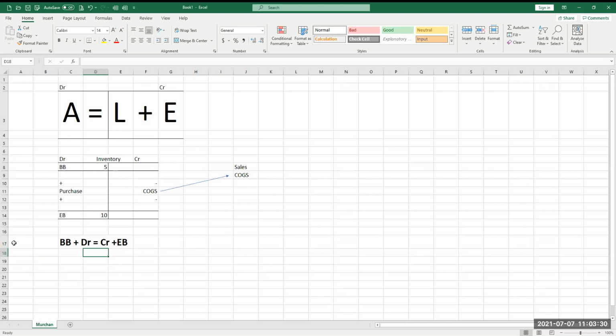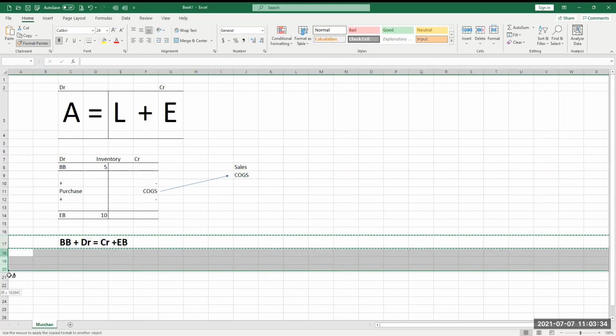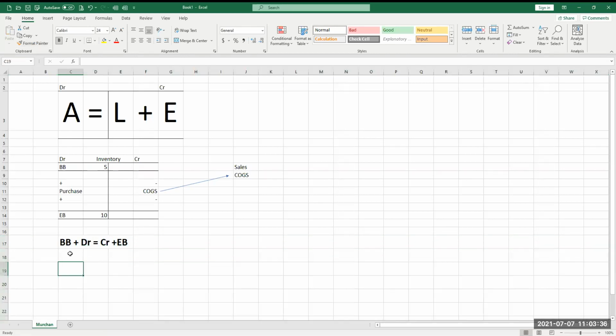Yes. So once I know this, can I say my credit is equal to what? I want to express the credit only. Beginning balance plus debit minus ending balance. Can I do that? Yeah.